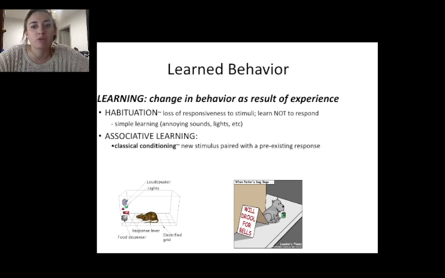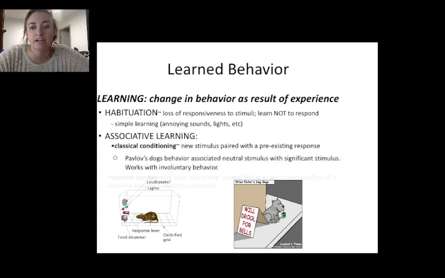Other types of learned behaviors include associative learning, and there's classical conditioning and operant conditioning. We're going to first talk about classical conditioning. What happens with classical conditioning? We have a stimulus and a response from an animal.